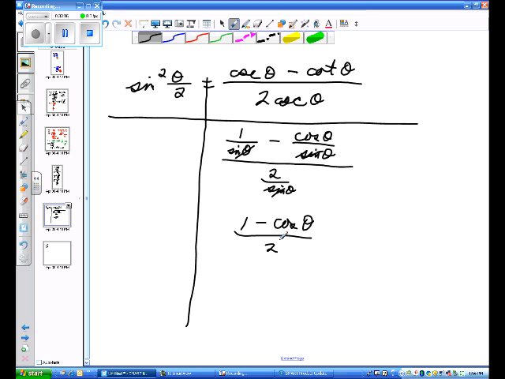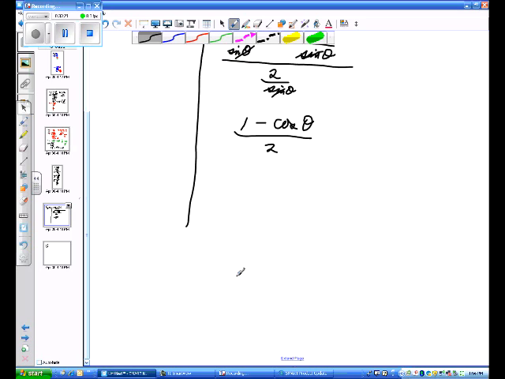But we can't just say that that's the sine squared of theta over 2. Remember, in a proof, we've got to go through and make it look exactly like that. So the way we can do that is we can say, well, this is the square root of 1 minus cosine theta over 2, squared.